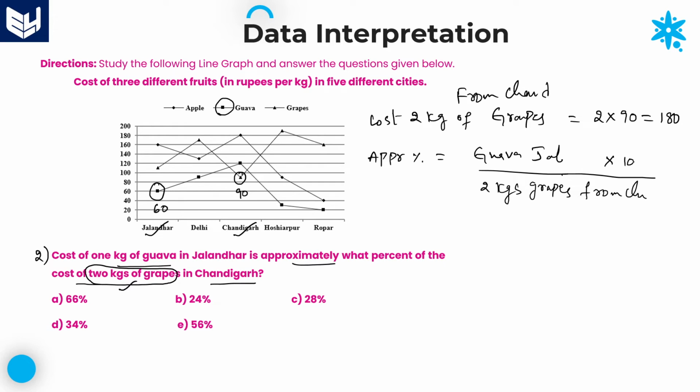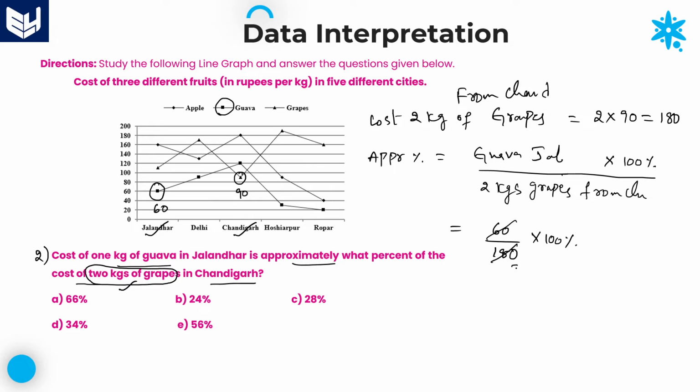And whenever we are calculating percentage, into 100 and the percentage symbol, that is a common point. Now look at guava cost per kg at Jalandhar, that is 60. The numerator value is 60, whereas coming to the denominator, 2 kgs of grapes from Chandigarh, the cost is 180 rupees. Per kg is 90 and 2 kgs cost is equal to 180. And into 100 percentage symbol, that is the common point.